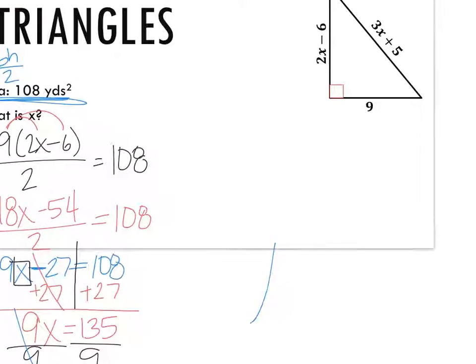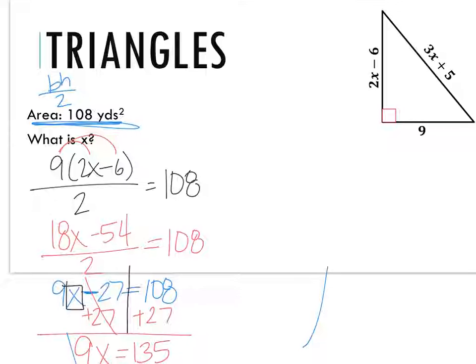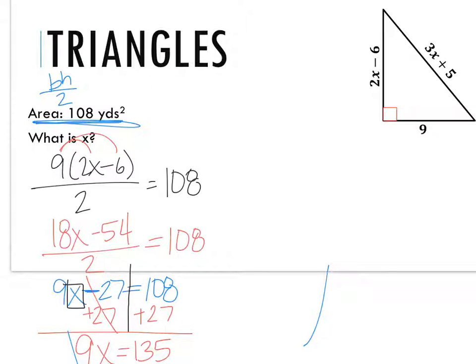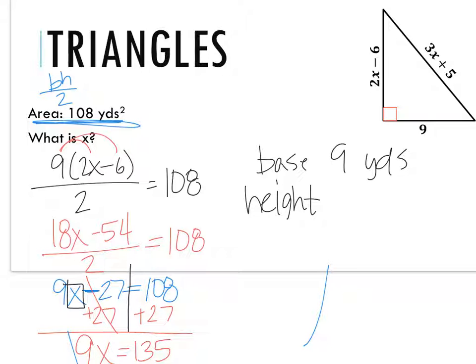So I know if x is 15, then I want to figure out what my different side lengths are. So I know that my base is 9 yards. The height, well, I'm going to take 2, multiply it by the 15. And so if you plug that into the calculator, 2 times 15 minus 6, that is going to be 24 yards.